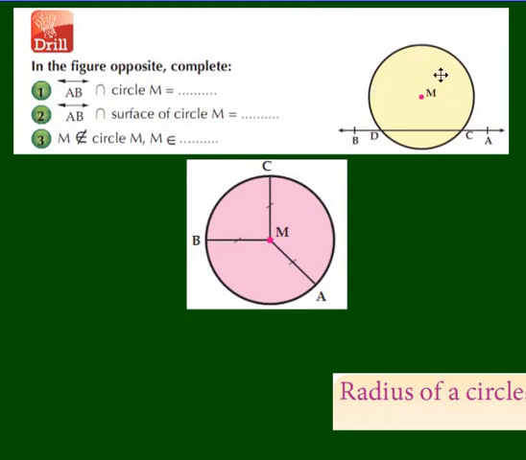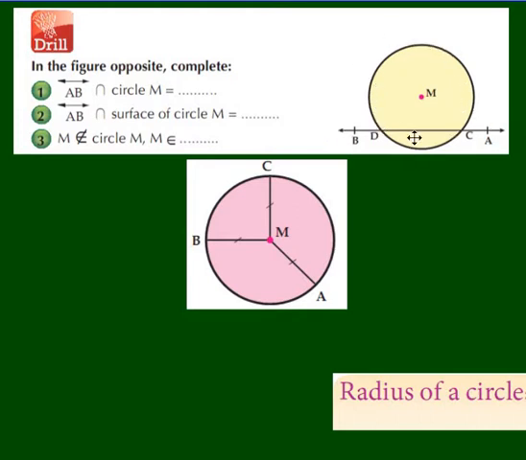In the opposite figure, number 1, straight line AB intersect circle M equals... Okay, the circle is the closed curve only.